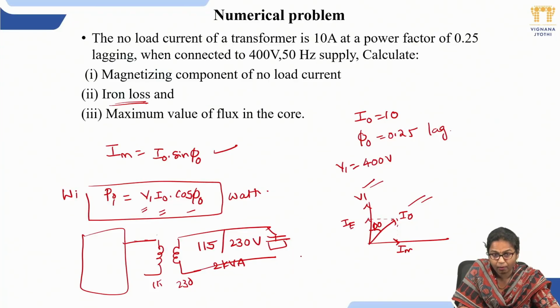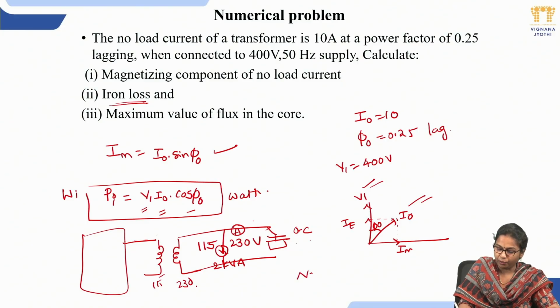It has to be switched on under no load condition. The moment 115 volts is given to your primary, on the secondary V2 side we can see 230 volts, and during the first stage when your transformer is working under no load condition, the ammeter kept on your secondary side reads nothing because the secondary is open circuited. That is what we call the no load condition.